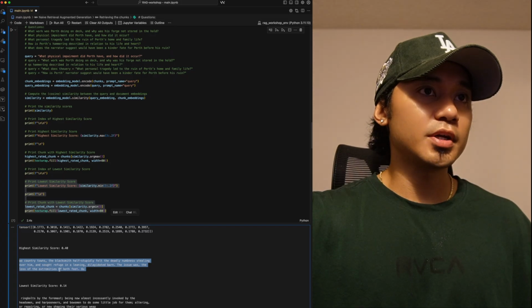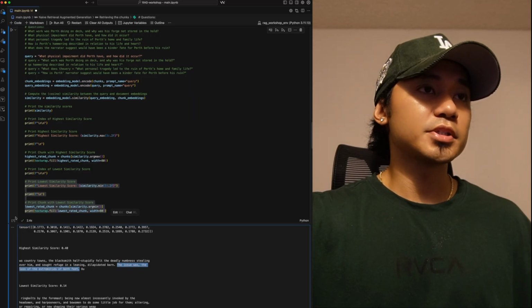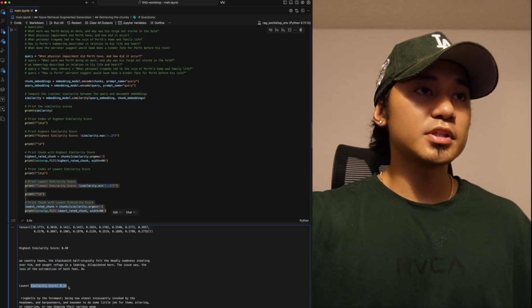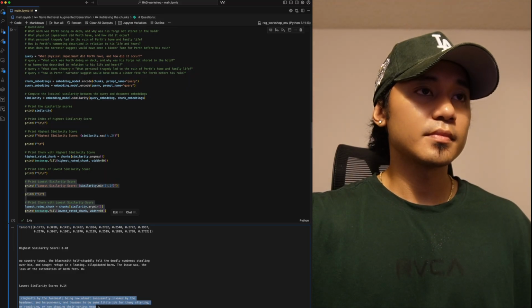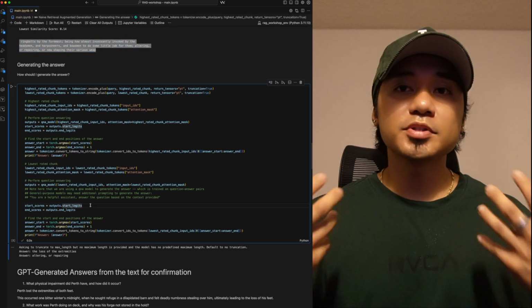If we look closer, we see that this sentence actually talks about the loss of extremities of both feet, which could be the answer to our question. And the chunk that has the lowest similarity score of 0.14 was this sentence.